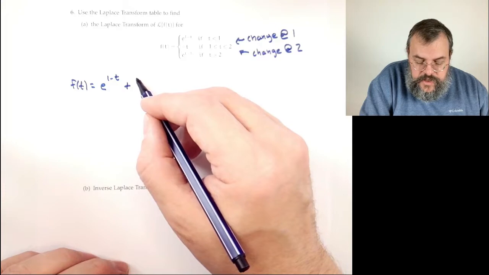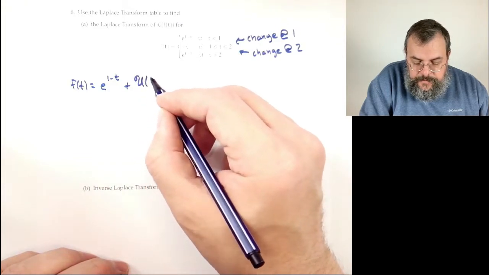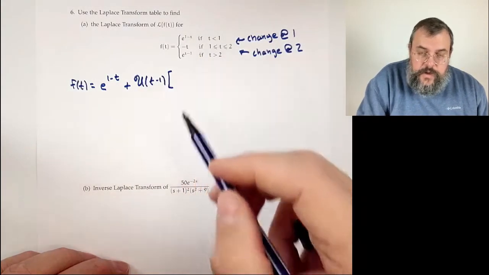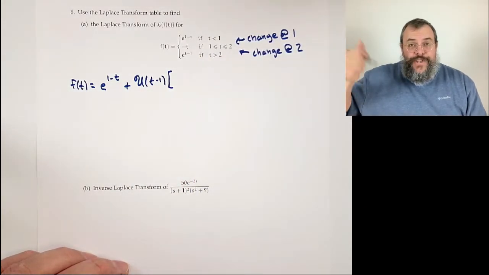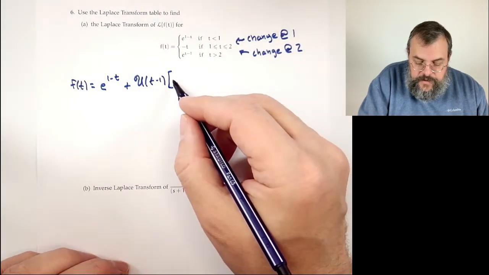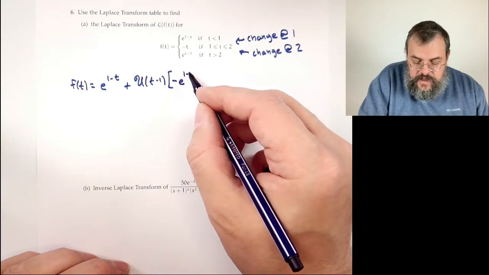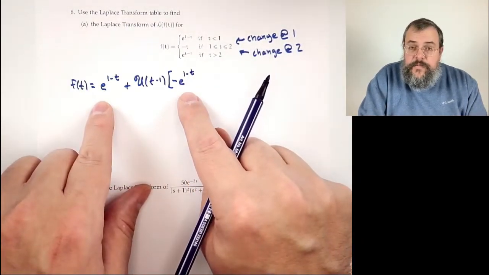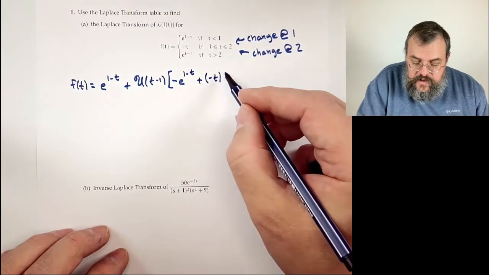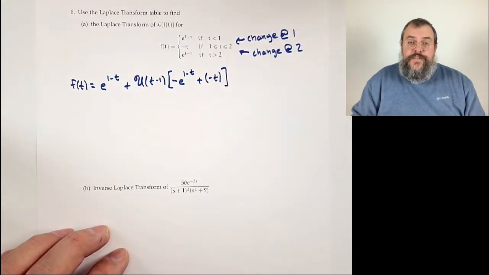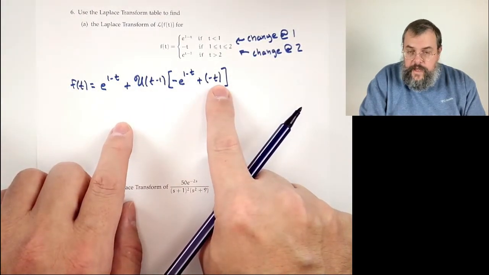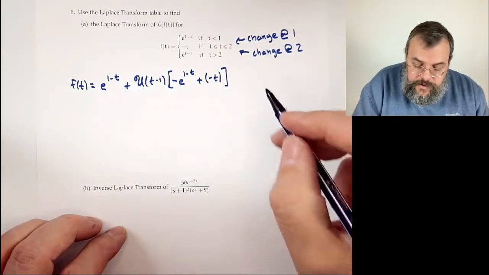The way we do our change at 1 is we have a unit step function times t minus 1, times our on-off switch. So we're going to turn off e to the 1 minus t, which means we subtract e to the 1 minus t, so that these cancel. And then we're going to turn on minus t, so we're going to add minus t. Now those cancel. So at 1, we turn on minus t and we move forward.